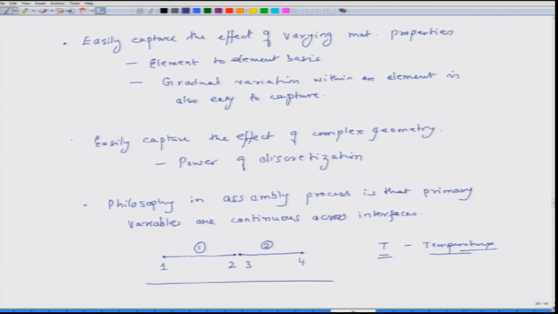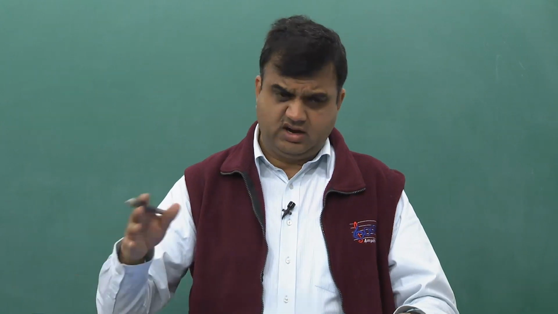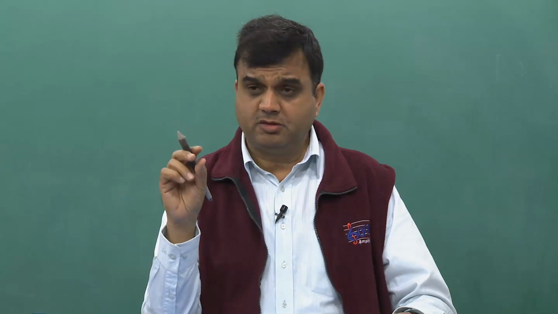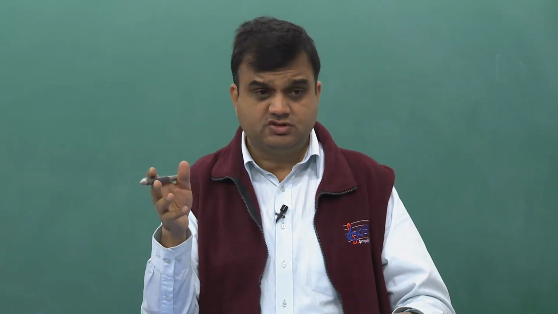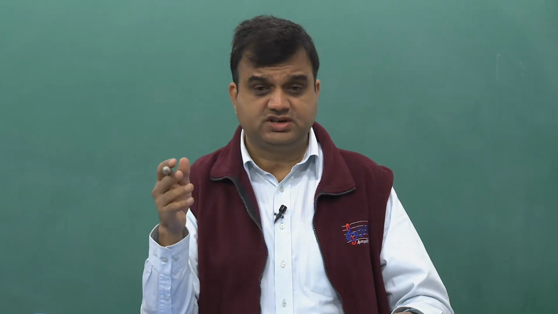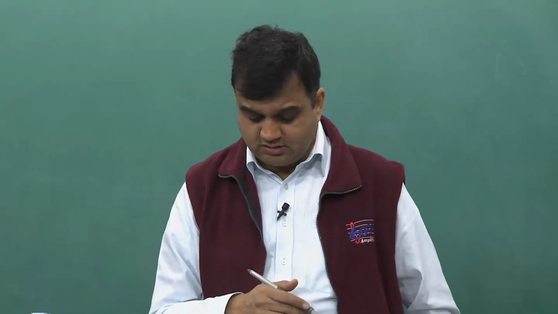The fundamental variable is temperature. Similarly, if I have a problem of beam bending, the deflection of the beam at any given point is the primary variable. Slopes and moments and strains and stresses are all secondary variables.